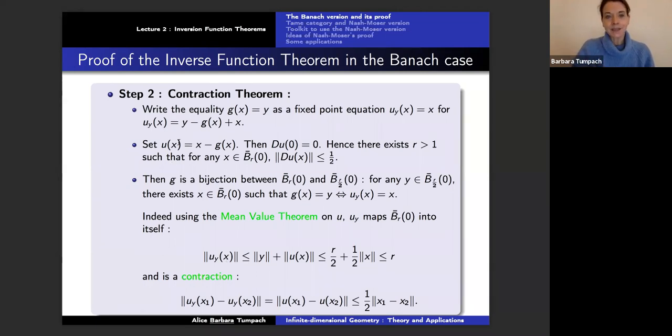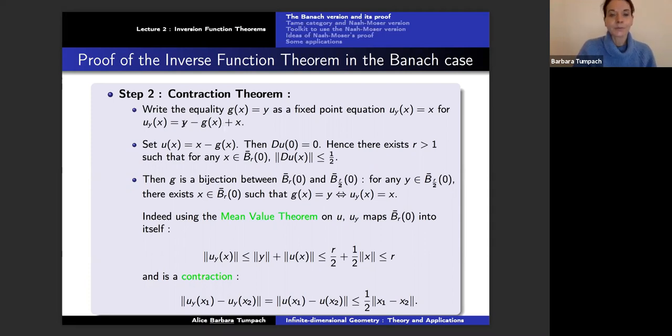Okay, so now here we want to find the solution of g(x) = y. y is fixed and we are looking for a preimage x. We want to solve this as a fixed point of an equation u_y(x) = x, where this map is given by a formula here.